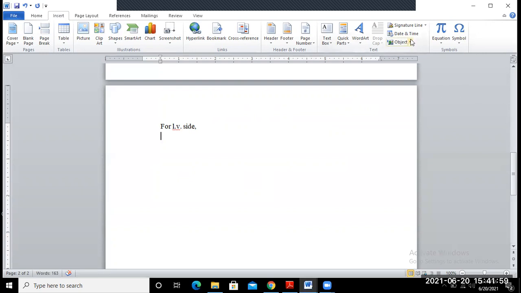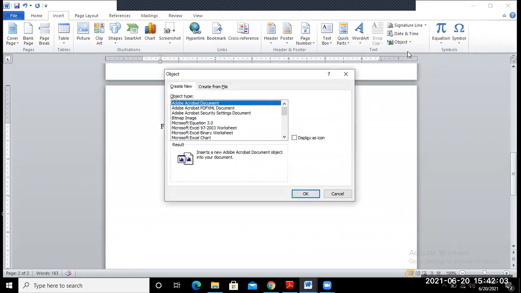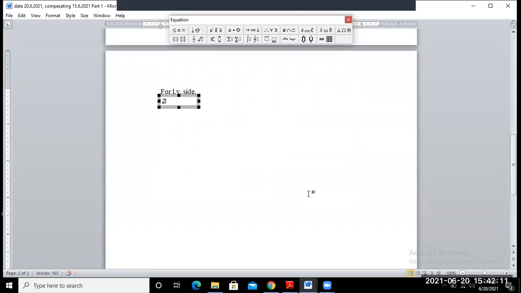So ZEL in per unit is equal to ZEH into (NL by NH) whole square.